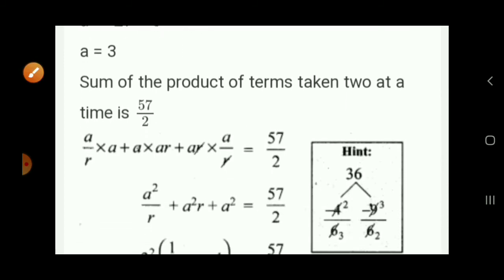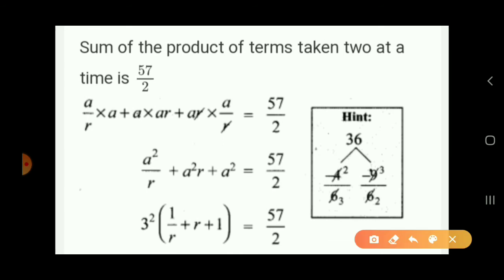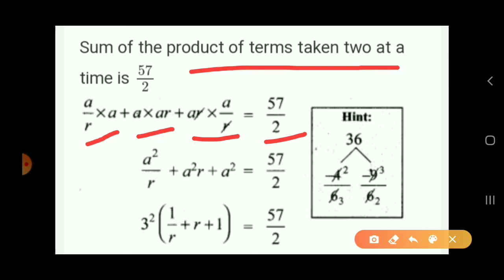Next, the sum of the products of the terms taken two at a time is A by R into A, A into AR, AR into A by R, equal to 57 by 2.